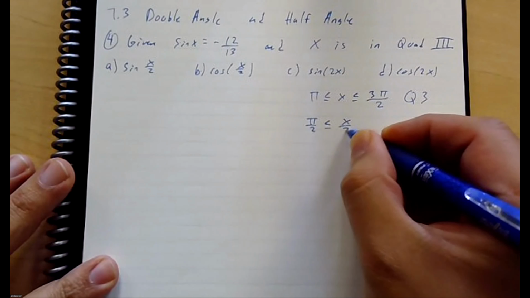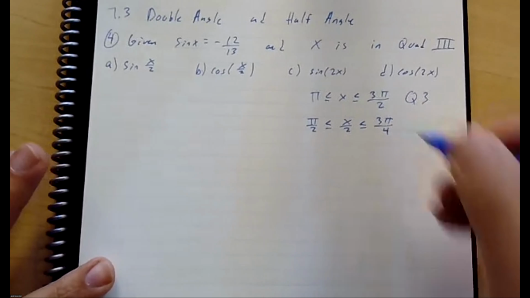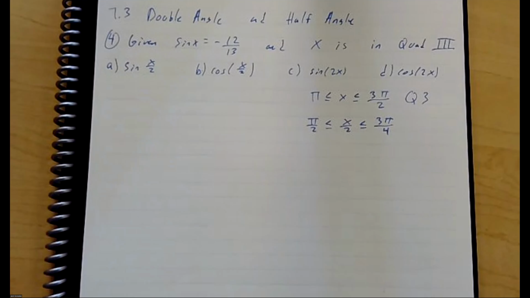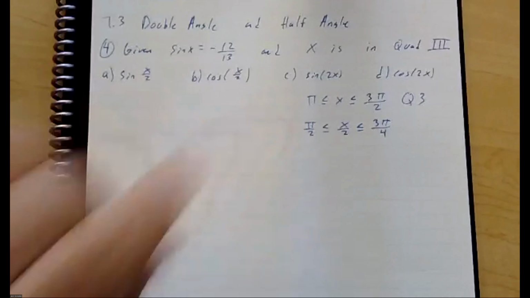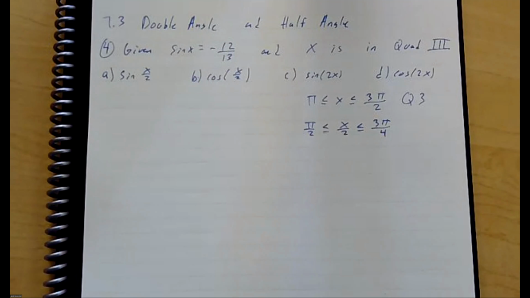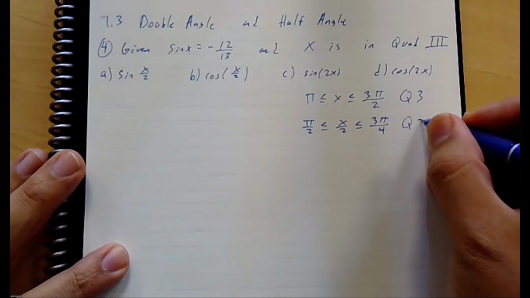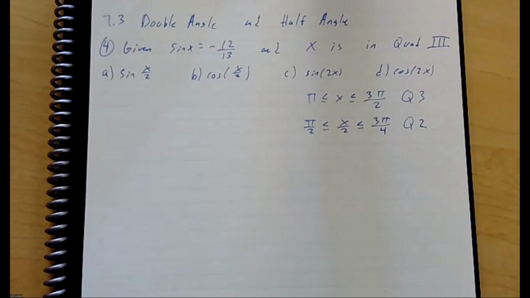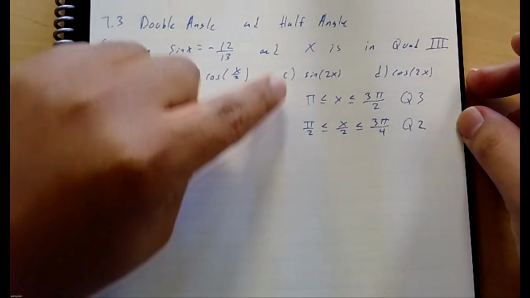Does that make sense? To divide everything by 2. Now we're no longer in quadrant 3, right? Which quadrant is this? Yeah, it's gonna be quadrant 2. Okay, so this will tell me what signs to choose when we're doing our work. So we gotta keep referring to this.